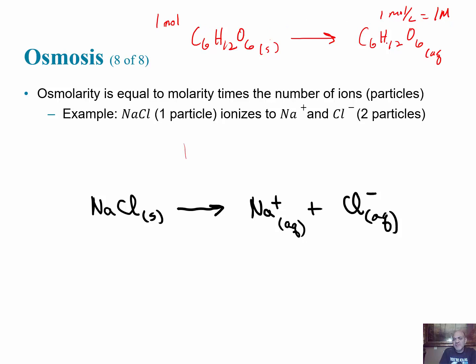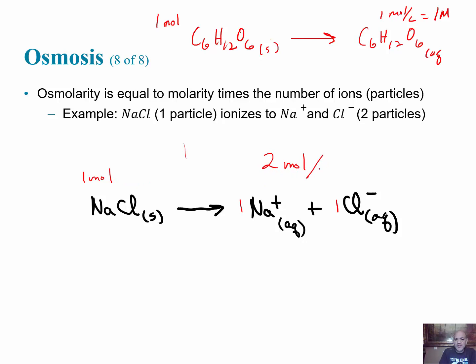So 1 mole is going to give me 1 mole per liter. But for an ionic substance that breaks apart when you dissolve it, it can form more than the number of particles we started with. So a mole of sodium chloride, when we put it in a liter of water, is going to break apart into 2 particles. 1 mole of this is going to give us 1 mole of sodium particles and 1 mole of chloride particles, so that's now equal to 2 moles.